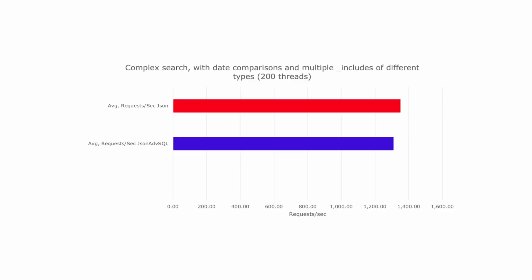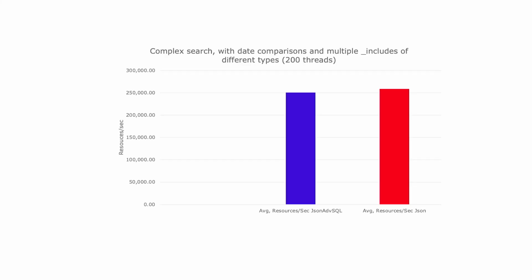Well, it turns out that with 200 threads, the JSON and JSON Advanced SQL are roughly equivalent, about 1,200 requests per second. And the number of resources per second that they return, about 250,000 resources per second. And again, this is under a fairly moderate sized load.